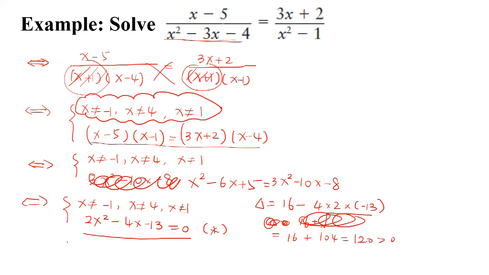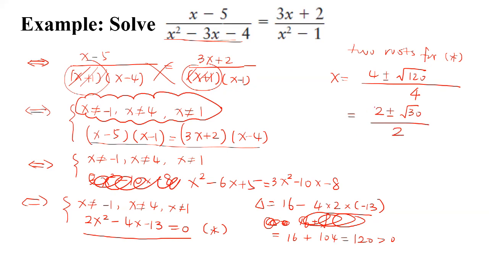Which is greater than 0. So the two roots for the asterisk are x equals 4, positive or negative square root of 120, over 4, which are 2 positive or negative square root of 30 over 2, right?